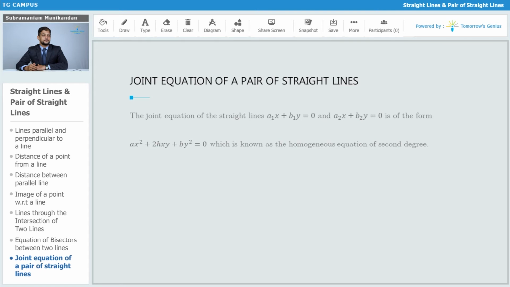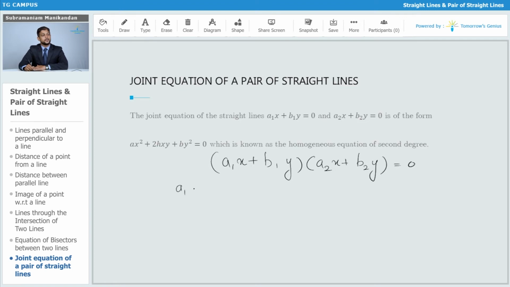However, can we write down the joint equation of these two straight lines? Again, in the same way, by multiplying out the left hand side expressions of both the equations. a1x plus b1y, a2x plus b2y, both being equal to 0.